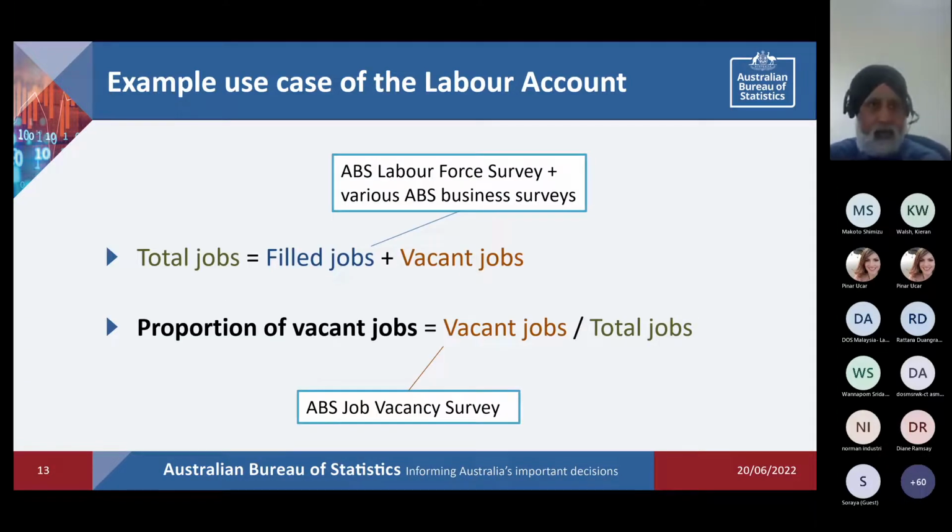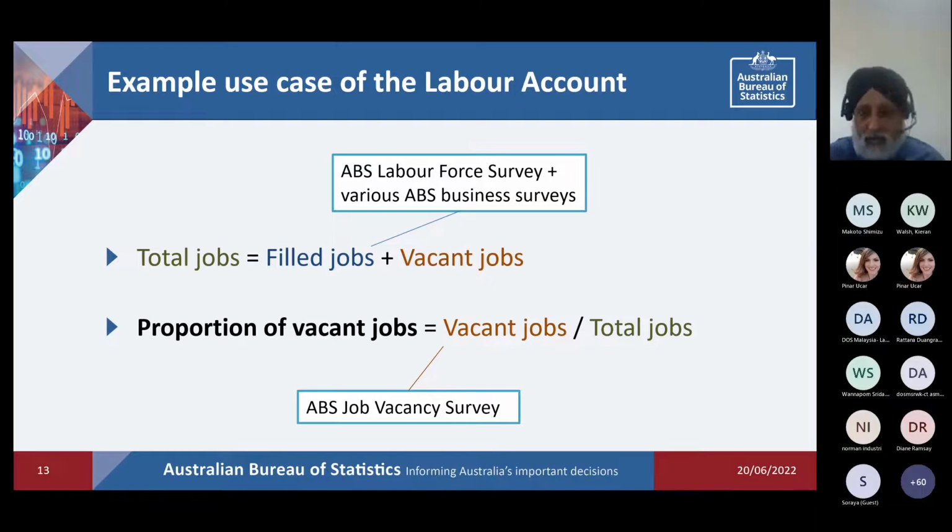Both filled jobs and vacant jobs are available from existing ABS survey data. However, they are not produced with the same scope. For example, the Labour Force Survey is the best source for a count of filled jobs at the Australia level, but it excludes some populations such as short-term non-resident workers, and the industry breakdown in the Labour Force Survey is lesser in quality than that we get from the business surveys.